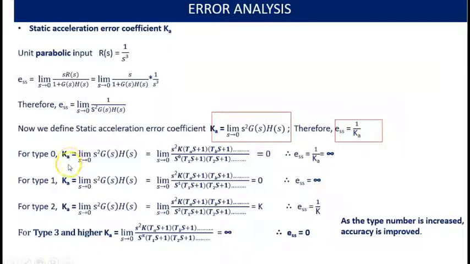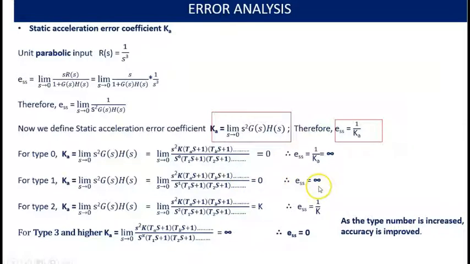For type 0, Ka is equal to limit s tends to 0 s square G(s)H(s). Substitute for G(s)H(s). This is equal to 0. Therefore, es is equal to 1 by 0, infinite. For type 1, again, substitute for G(s)H(s). Therefore, Ka is equal to 0.